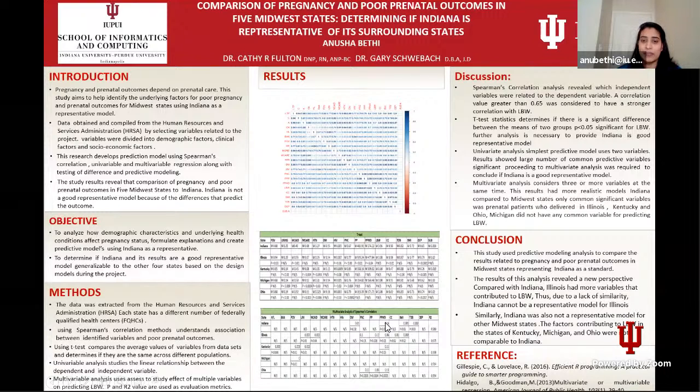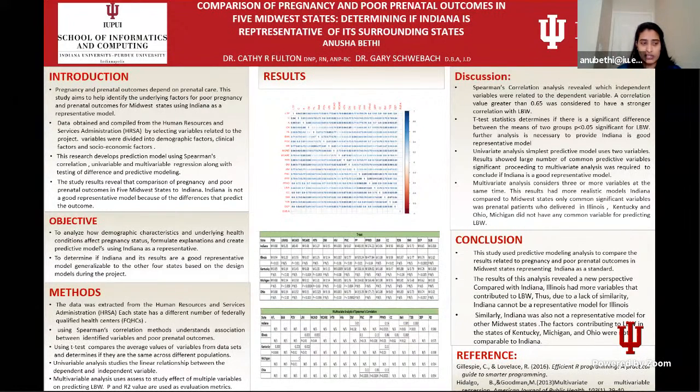The only variable that matched in all the states was prenatal patients who delivered. Only one variable cannot signify the strength, so it is not a good comparison model. Indiana is not a good comparative model for any of the states.